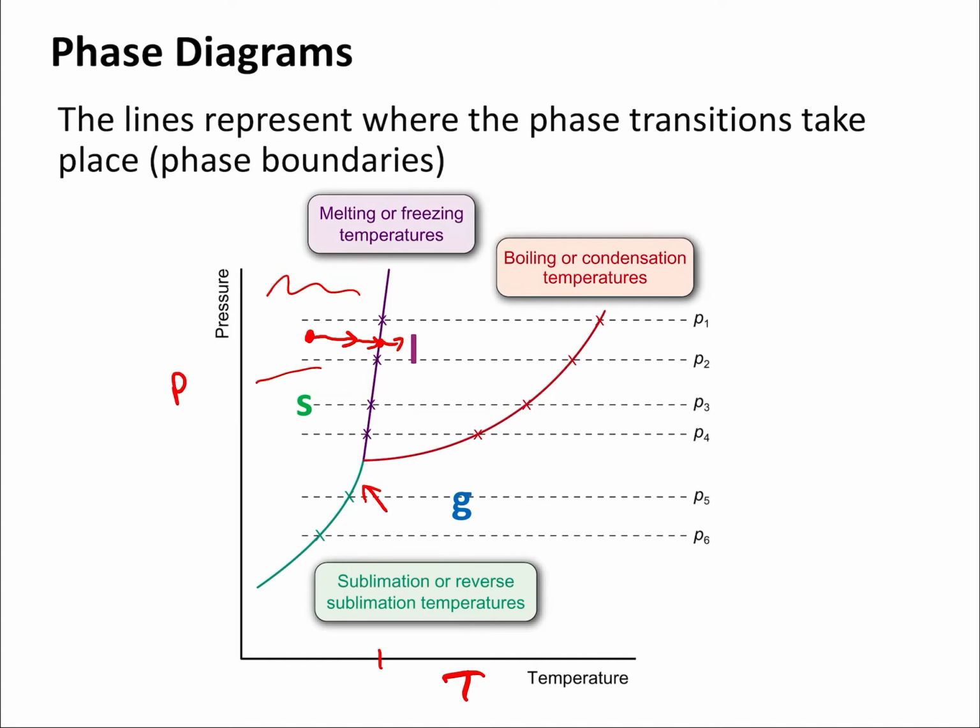At all temperatures and pressures in this zone, defined by these boundaries, these are all going to be liquids. Finally, typically at higher temperatures and lower pressures, over in this part, these are all gases.